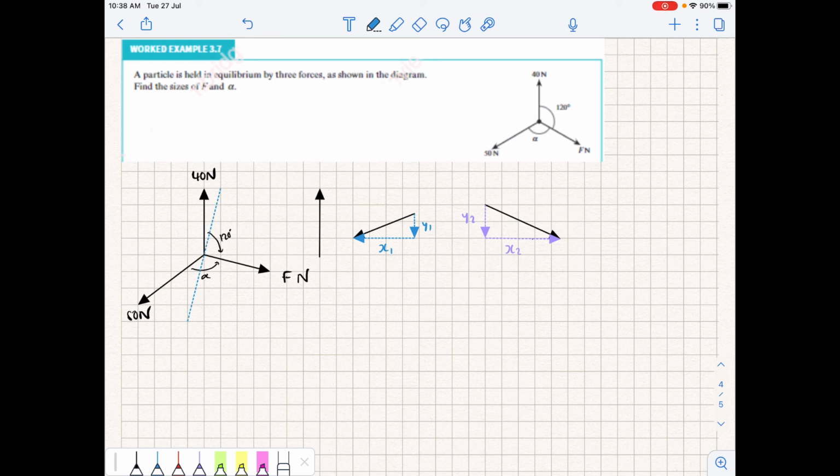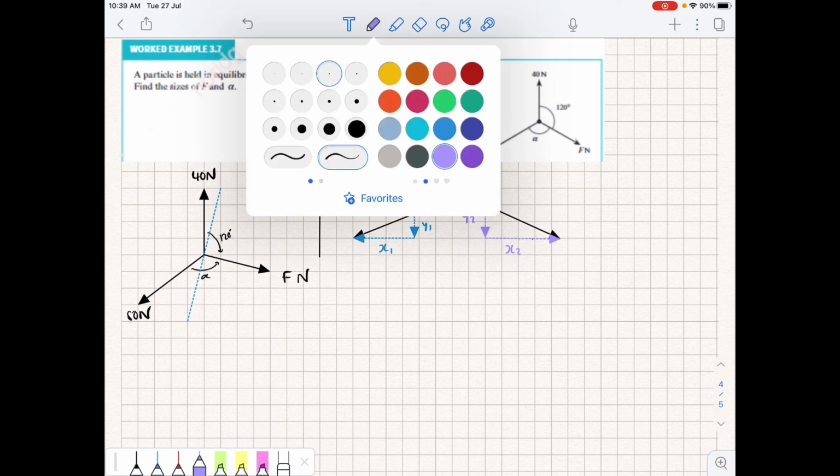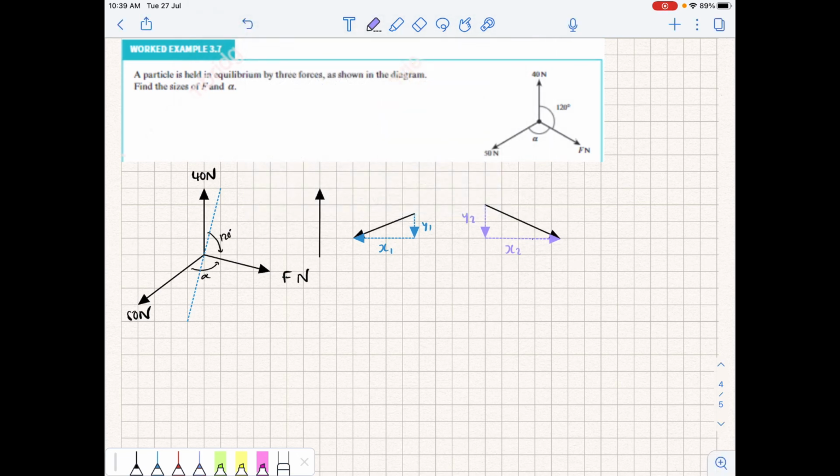So there we have the line of action, and we can see that force F is now perpendicular to that line. Now, just for demonstration, I am going to extend force F, and we can see that that is perpendicular to the line of action.